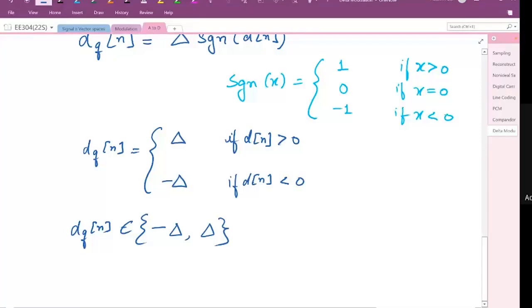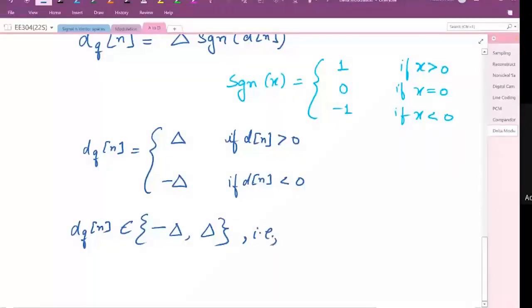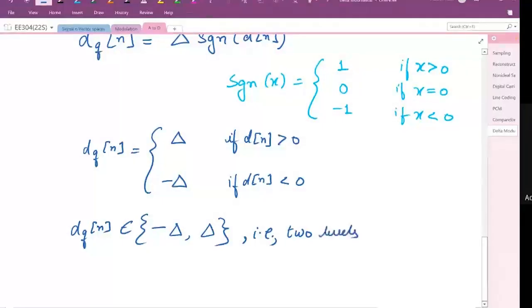So what is actually happening is, because there are only two levels, how many bits do we need to encode this? At every stage we are encoding this as plus del or minus del, so there are only two levels. How many bits do we need? One.